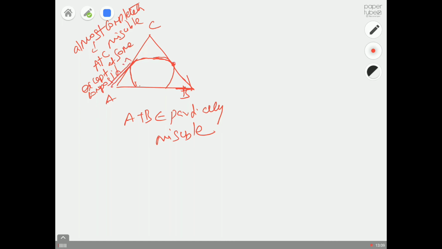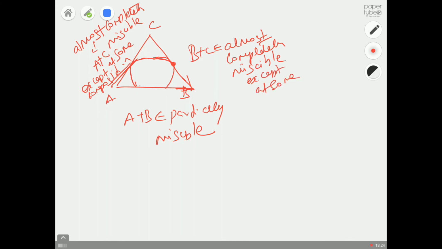The same rule applies here. So B plus C almost completely miscible except at some point.